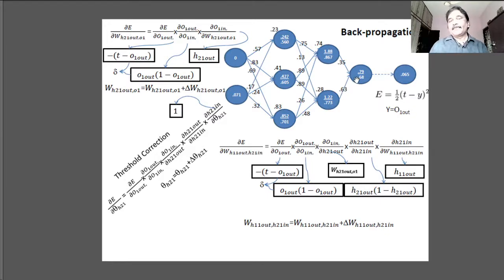Now, if I differentiate this with respect to W21 out O1, I will get the first term. The second term will get converted to 0, because I am taking partial differentiation, and in the second term I have H22 out and W22 out O1. These are constants during that differentiation.